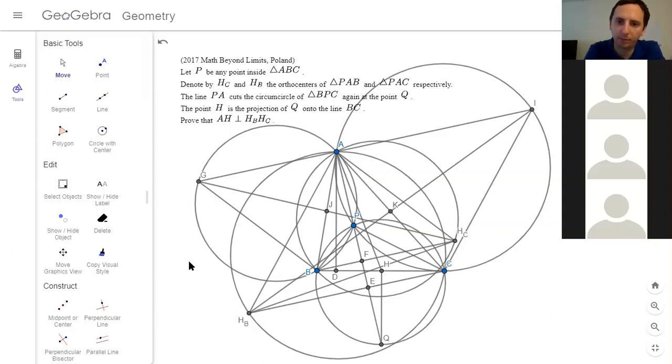I'm not 100% sure, but this looks so much like a problem I did. Do you guys see that problem on my channel where I did like the polar shape? I think the video is titled like a brilliant polar chase. But I think it was like a very similar idea to this.